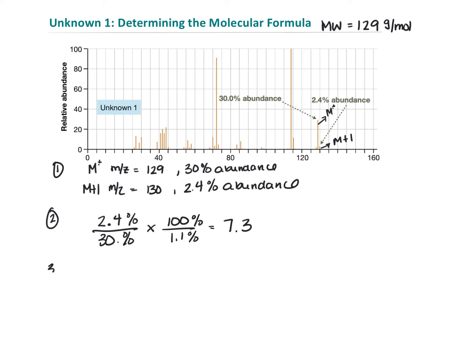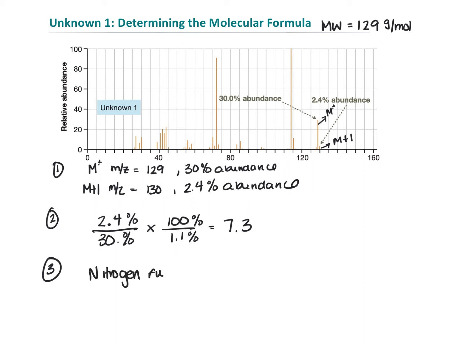The next step is to evaluate if we have any heteroatoms. The first thing we do is the nitrogen rule.